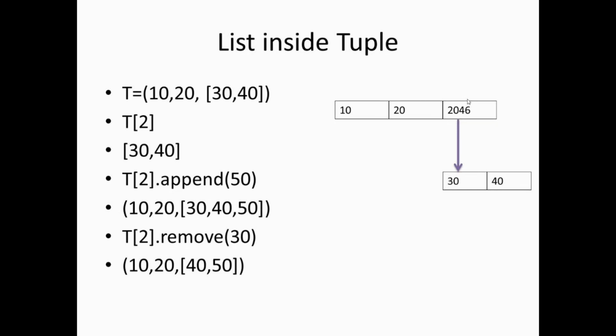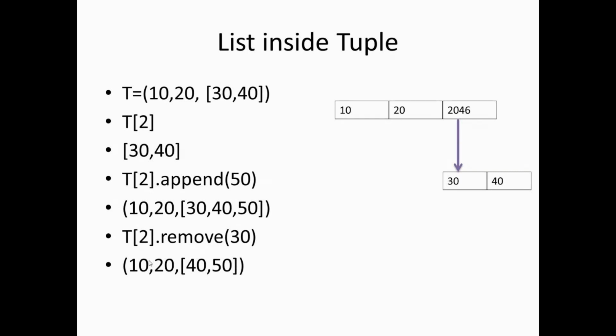If you want to read the element at the second position, T of 2, we get 30, 40. T of 2 dot append of 50 appends 50, so we get 30, 40, 50. We can remove 30, but you cannot remove 20 because 20 belongs to the tuple and 30 belongs to the list.